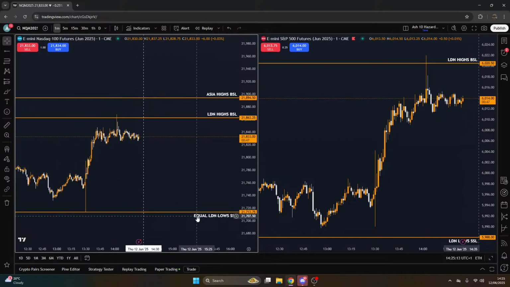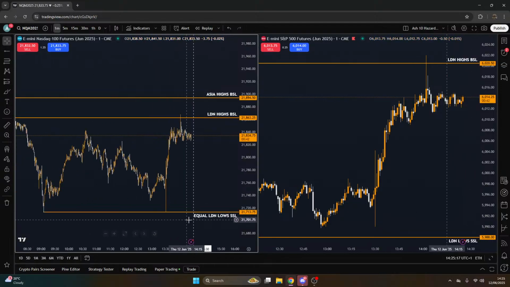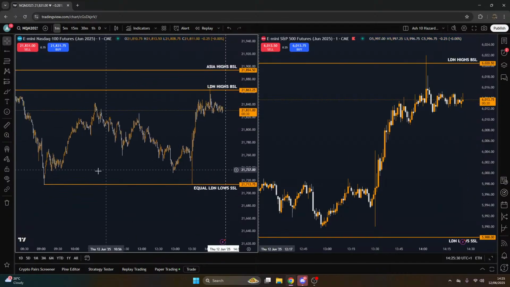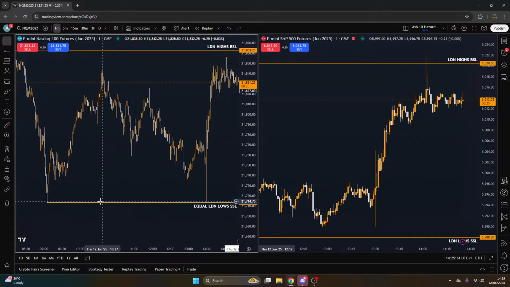So right now we have equal London lows, and the difference between equal London lows and just London lows is that equal lows are a lot higher probability for price to target. If you have equal highs, or equal lows is what I mean, right here we have this low and this low.